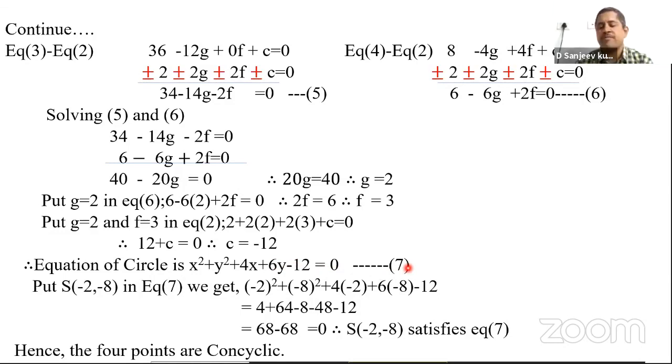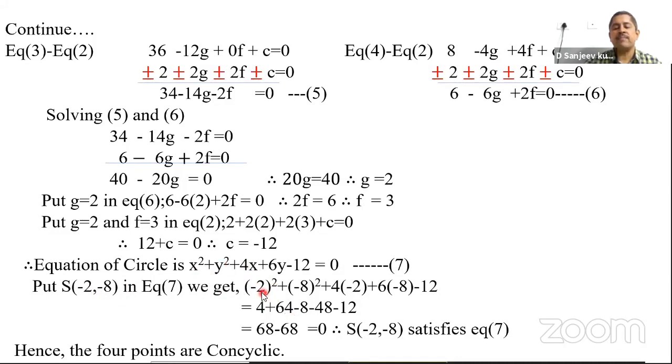Now the problem is not only finding the equation of circle. You are going to show that the 4 points are concyclic. So to show the 4 points are concyclic, you have not touched the 4th point till now. What is this 4th point? The 4th point was minus 2, minus 8. Substitute the 4th point in the equation of circle, x place minus 2, y place minus 8.